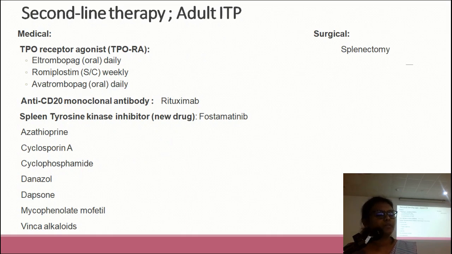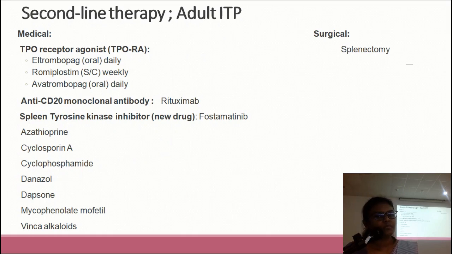Avatrombopag is a new one, recently approved by the FDA. Considering those medications, we only have Eltrombopag in Sri Lanka currently. We don't have Romiplostim or Avatrombopag. Side effects wise, it can cause thrombosis and bone marrow fibrosis, and liver impairment, which is a black box warning for Eltrombopag.